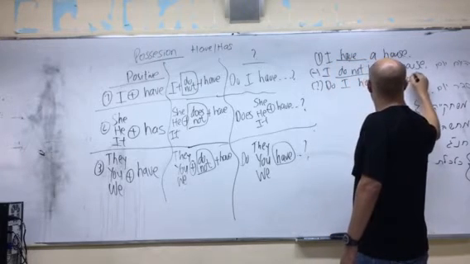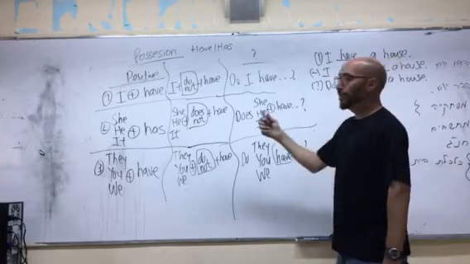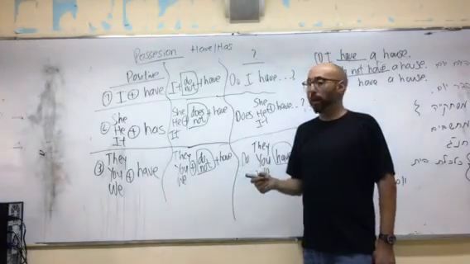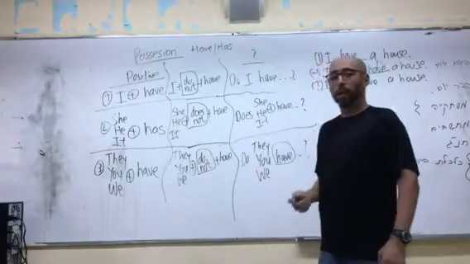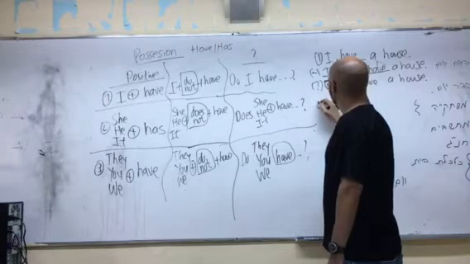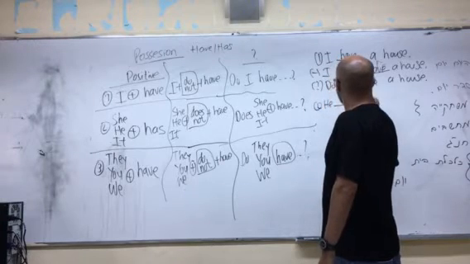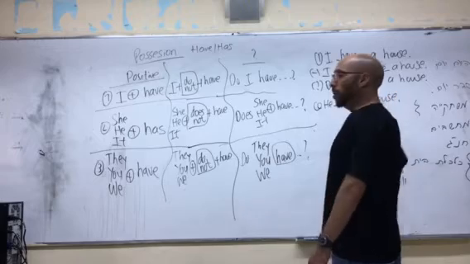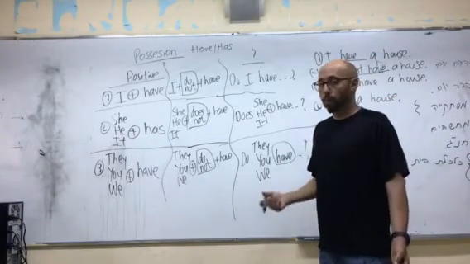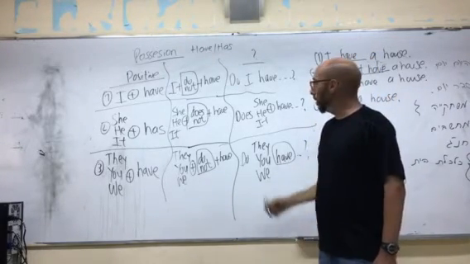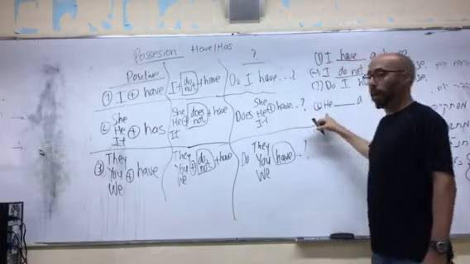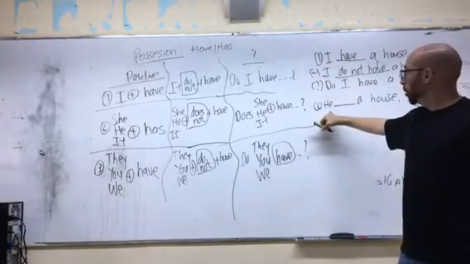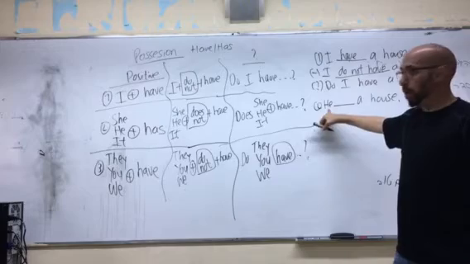a house? If I want to study the second person, he a house. Now, I don't know what the answer is. Permanent or temporary ownership of something. He. I can't even read in English, which is fine. So what do I do? I put my finger under he.